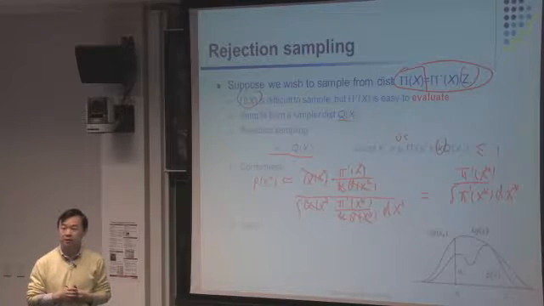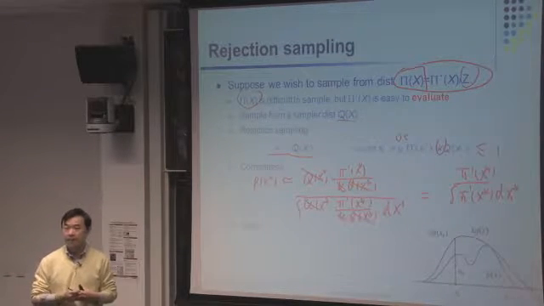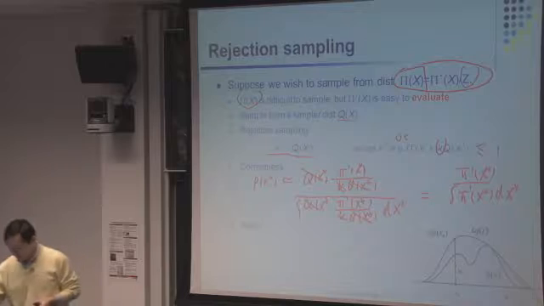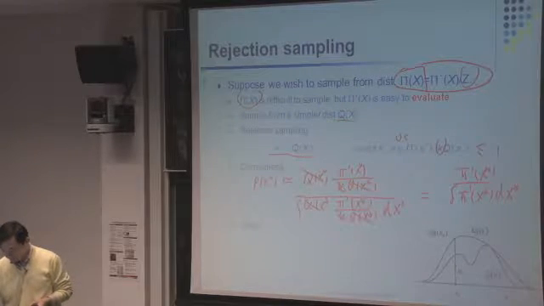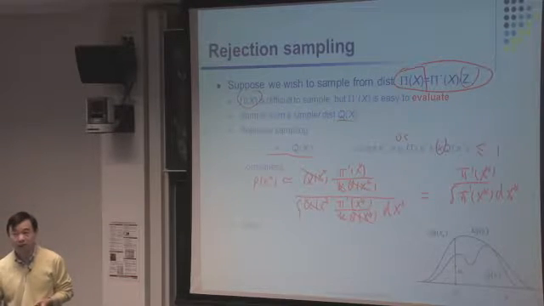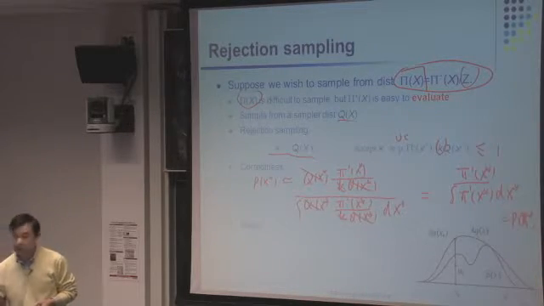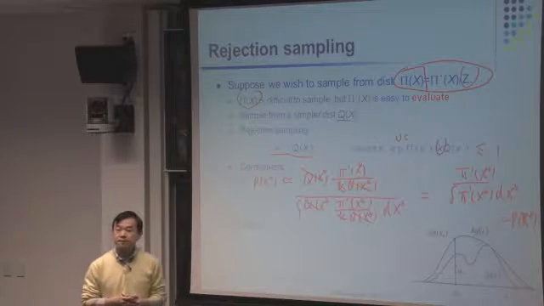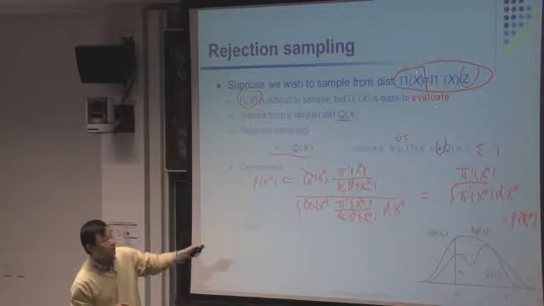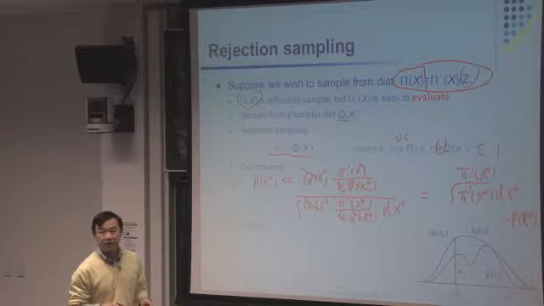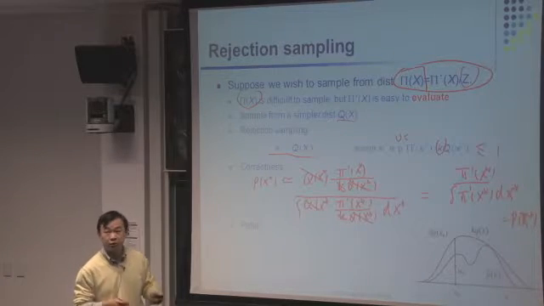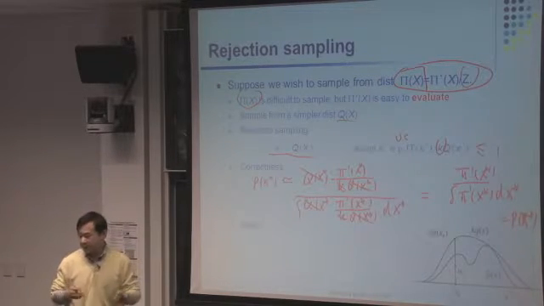So this is basically the probability of what? Of the original distribution, right? So this is by definition that. Therefore, what we are sampling from is actually the true distribution. Okay, so that's basically the trick.